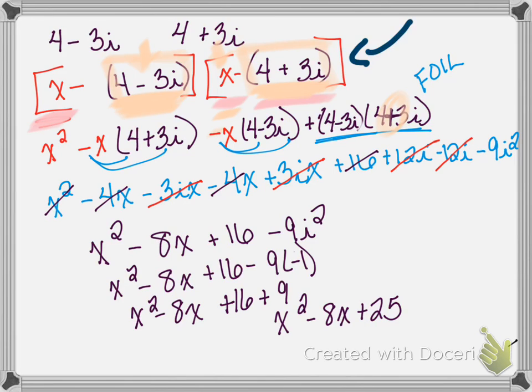Now, I want to go ahead and check this so that I can show you how to check it. So I'm going to move on to my next screen. My final answer was x squared minus 8x plus 25.